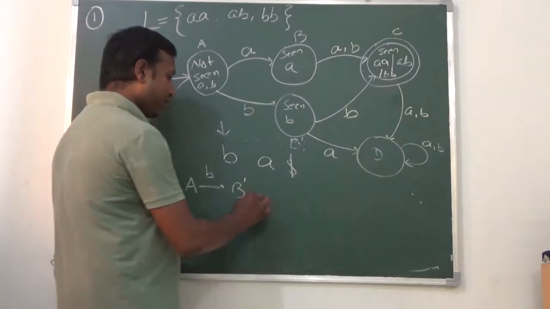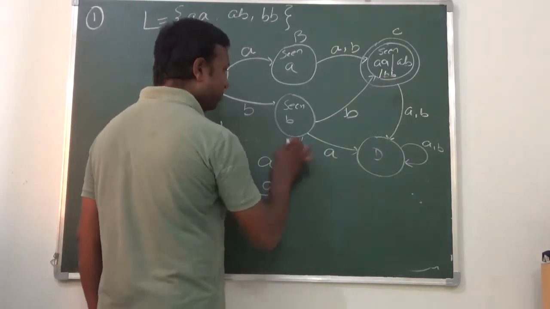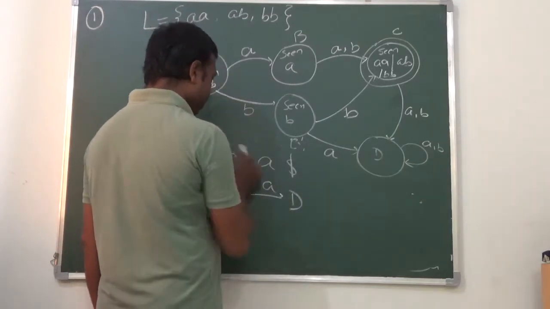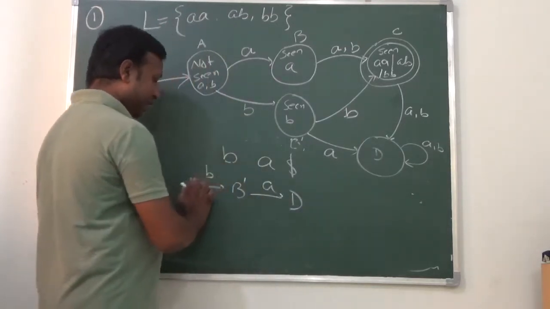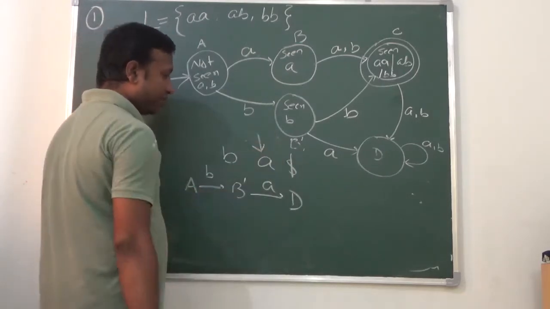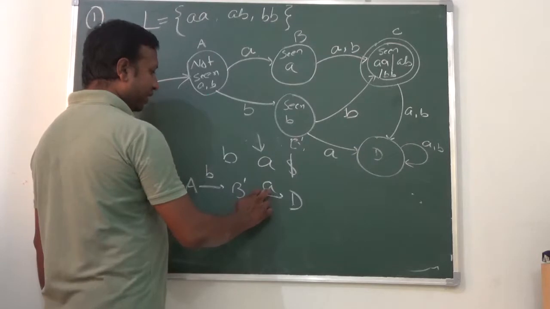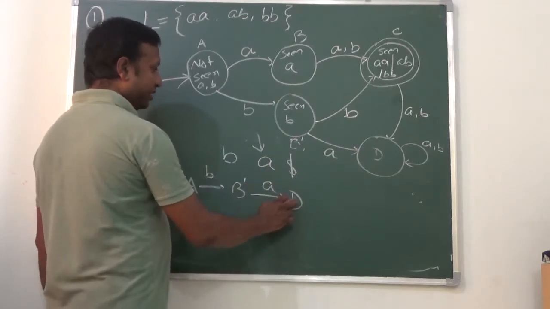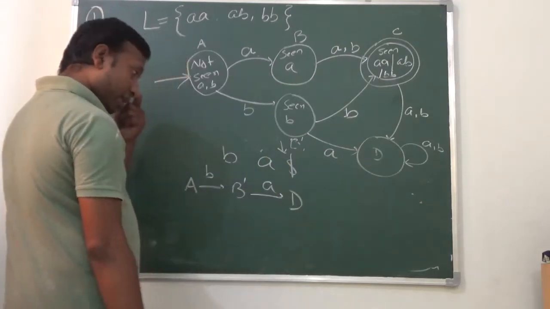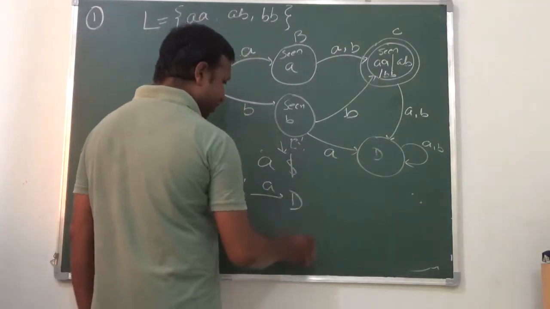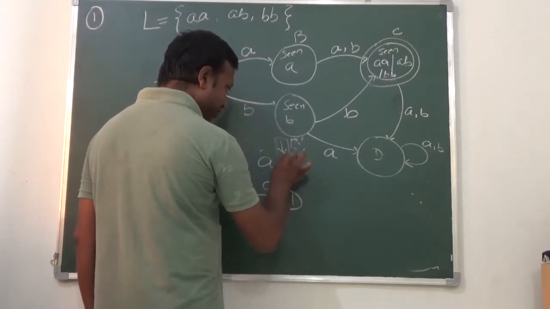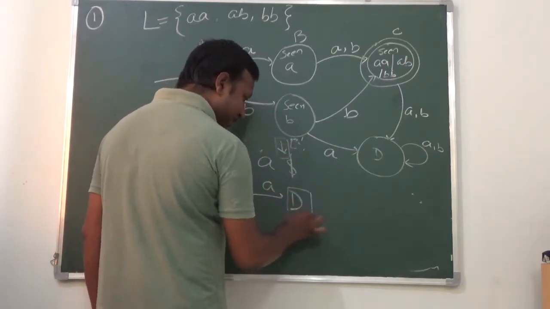And then if you are reading A, you go to the state D, and your reading head will be on this dollar. So what is the last state you are getting? When your cursor is on dollar, the last state is D.